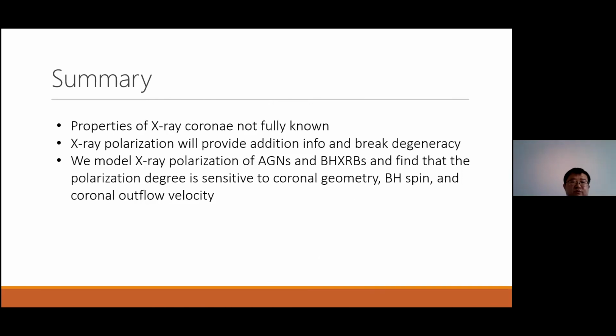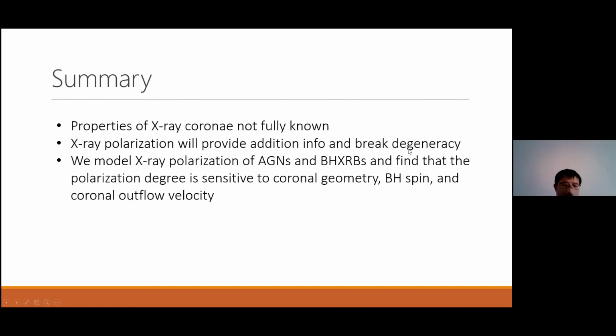So to summarize my talk, we know that the X-ray emission of AGN and hard state X-ray binaries comes from the X-ray corona, but there are lots of properties of the X-ray corona we don't know yet, and X-ray polarization will provide additional information and will break degeneracies.